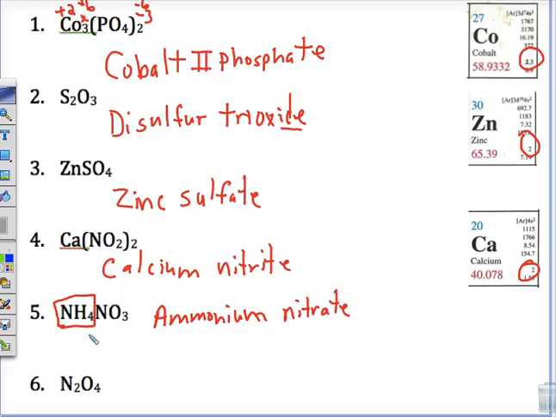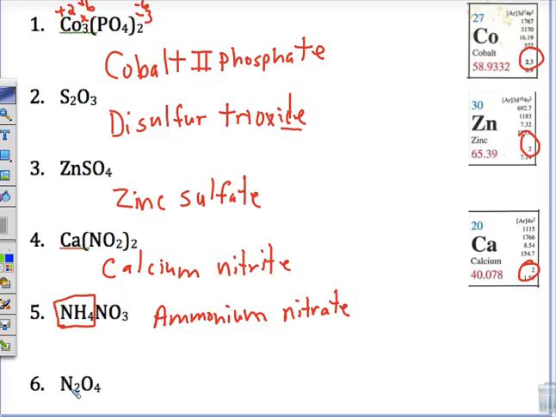This one kind of looks like it could be a molecular compound, but remember with molecular compounds like in number 2, they're all binary, the ones that we're naming, so there's only 2 things in the formula, whereas this has 1, 2, 3, 4 different things in the formula.